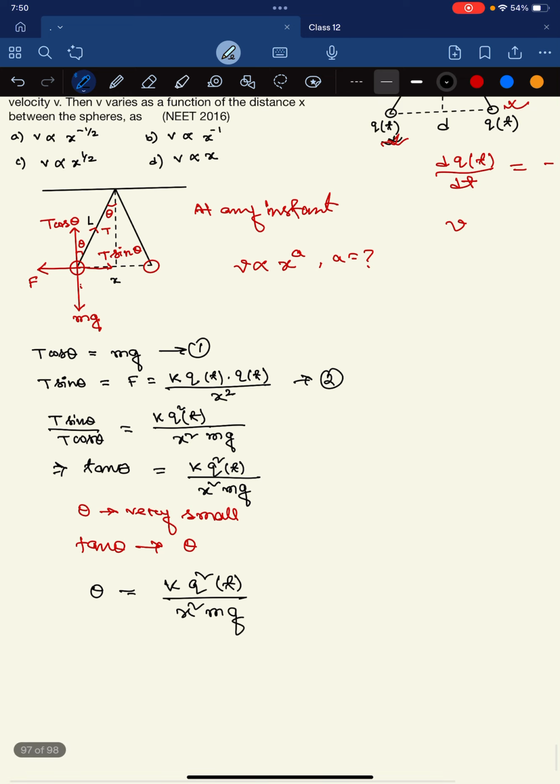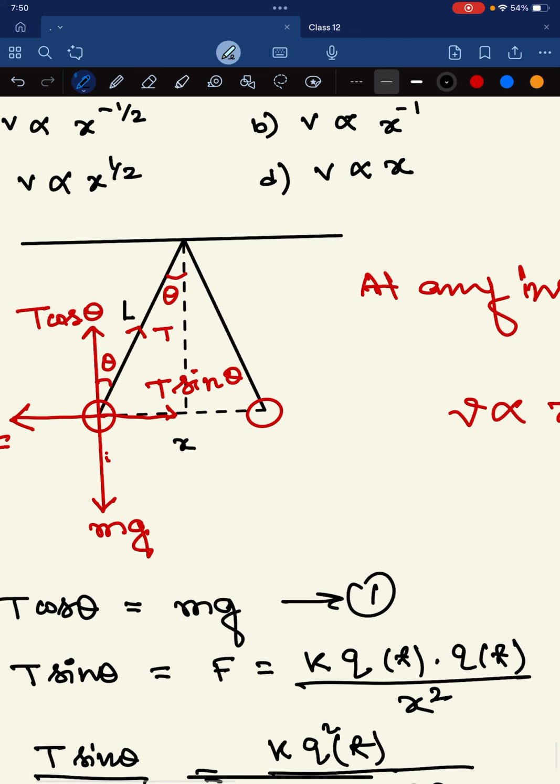Now see, what will theta be? Theta will be this portion divided by the length. The full separation is x, so the half will be x by 2.